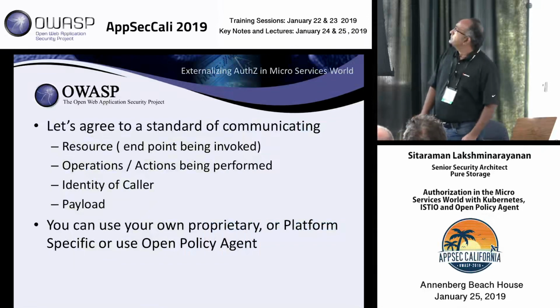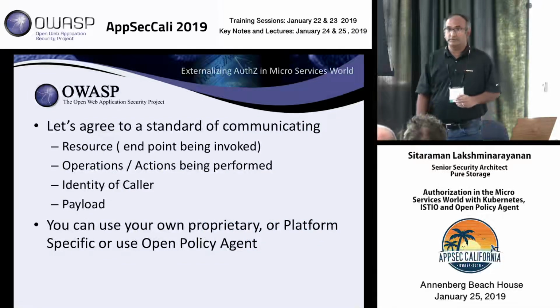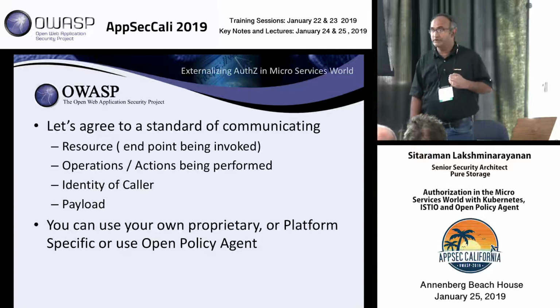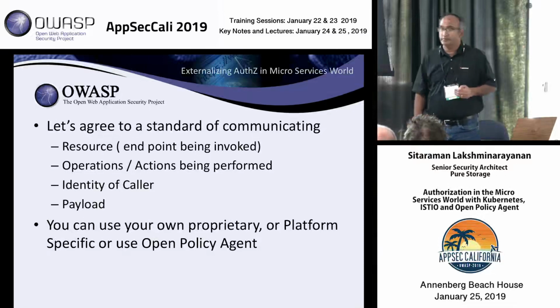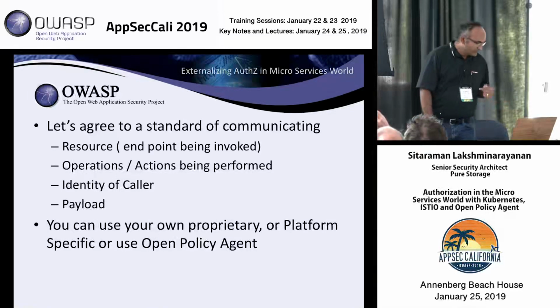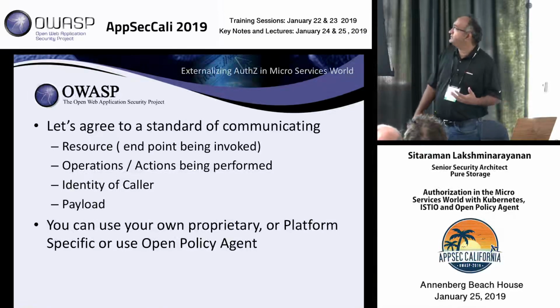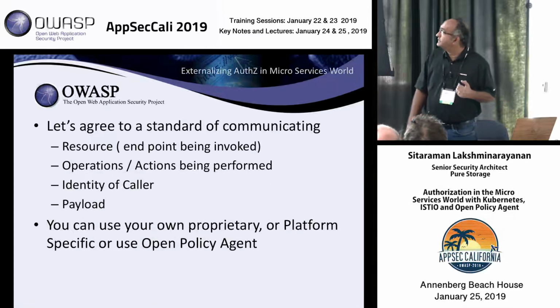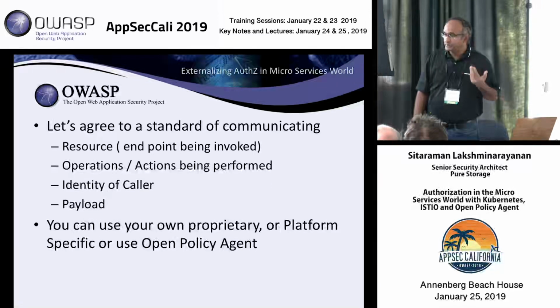So what do we do? How do we externalize this, right? The challenge is we need to be able to externalize this so that we can change those authorization rules without having to rewrite the code. So if we agree on a standard way of communicating that says what is the resource being accessed.